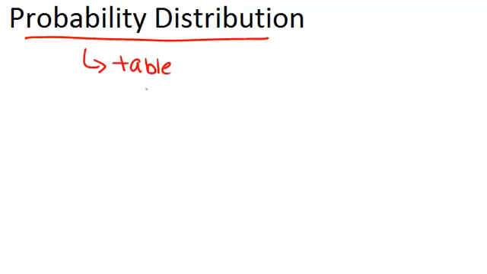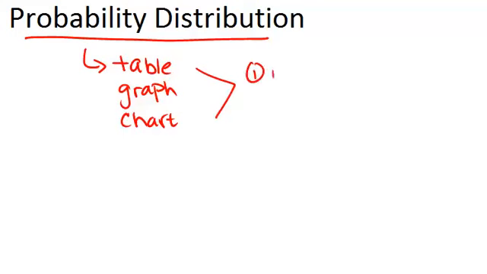So a probability distribution takes on three pretty typical forms. It could take on the form of being a table, it could also be a graph, or it could be a chart. But the key things that it has to show are the possible values for the variable that you're talking about, your random variable.